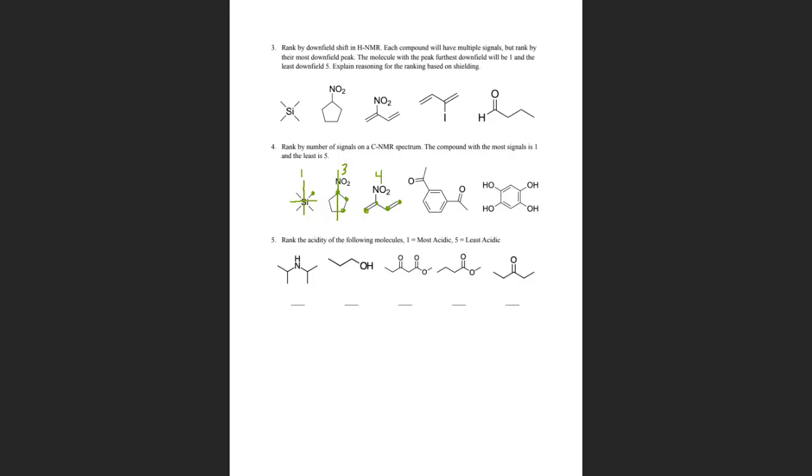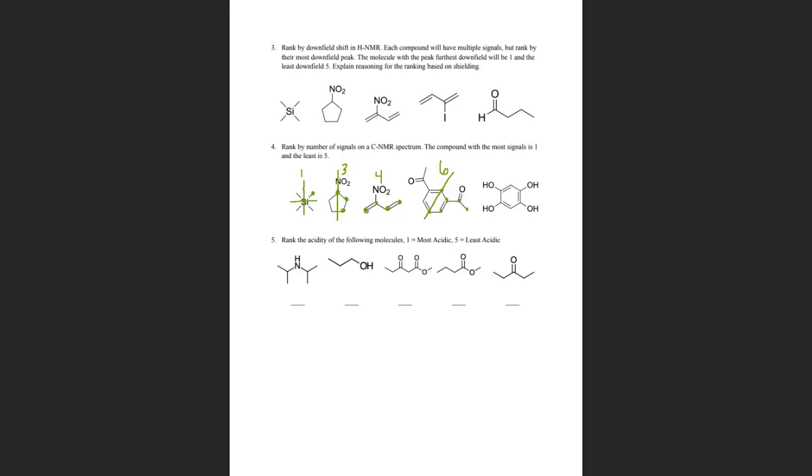This one might be a little hard to tell at first, but you actually do have a plane of symmetry going right here. That gives us 1, 2, 3, 4, 5, 6 chemically distinct carbons, so 6 different signals.